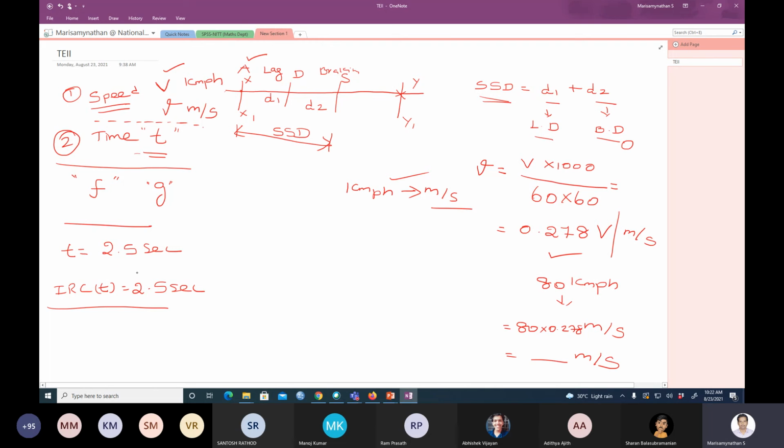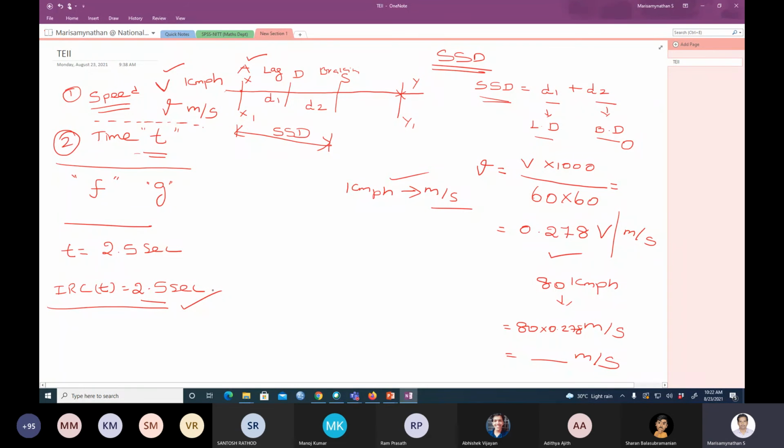So keep in mind that the reaction time as per the IRC standard is 2.5 seconds when it comes to stopping sight distance calculation. Don't expect the value to be given or missing in the problem. If they say to assume all values as per the IRC standard, you have to assume the t value as 2.5 seconds.